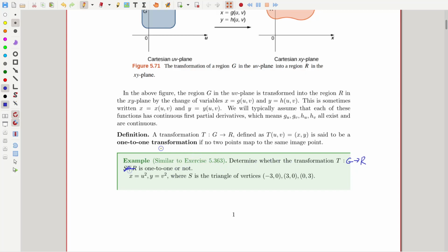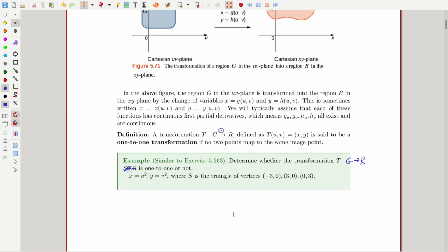There's one thing in the homework that asks you to determine whether a given transformation is one-to-one or not. So you need to know what the term one-to-one is, and that's what this definition is here. Being one-to-one just means that your mapping doesn't send 2 points in the domain to the same point in the image.